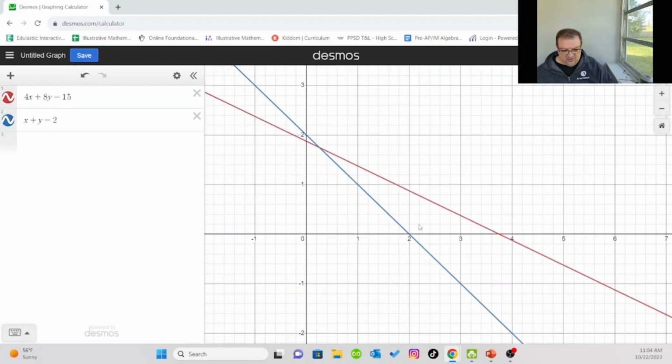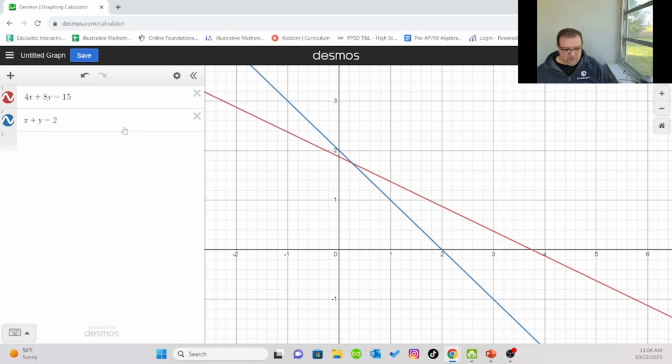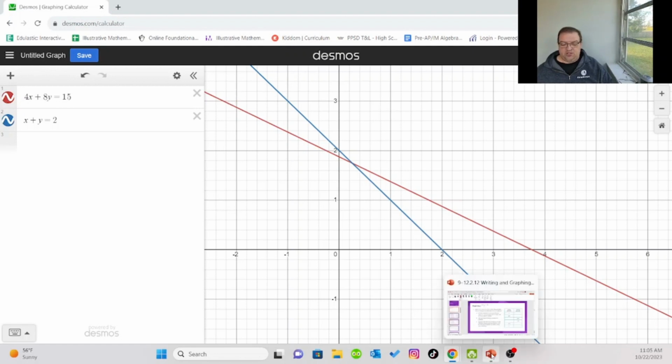And now in blue, this represents the pounds of almonds and raisins bought, whereas in red, we were representing the price of the raisins and the price of the almonds. So this is what we would call a system of equations.